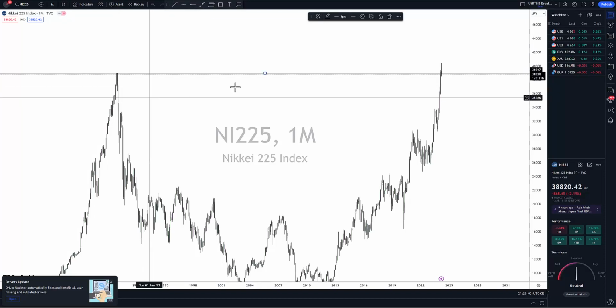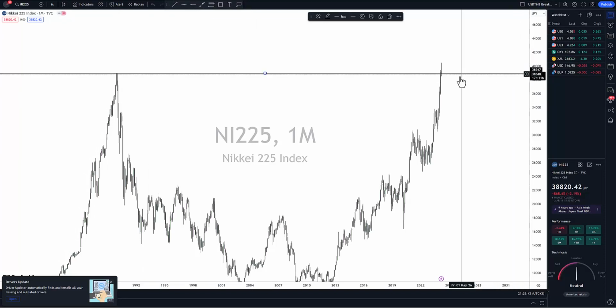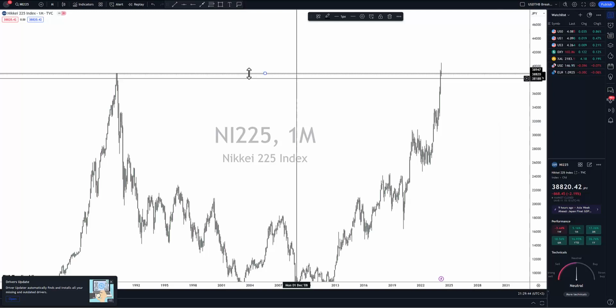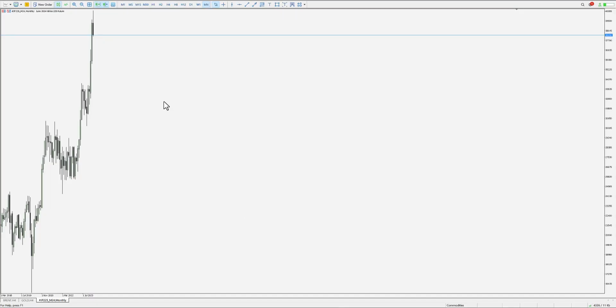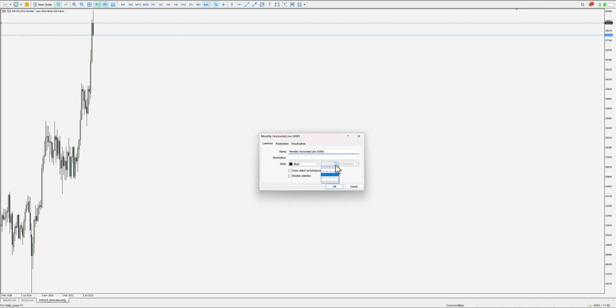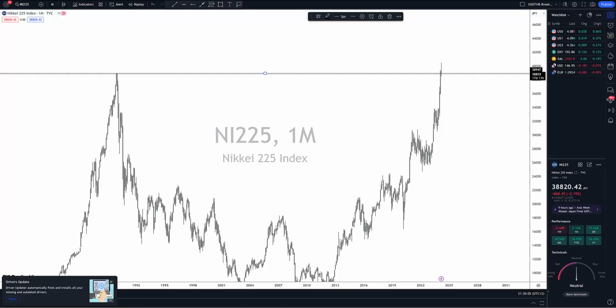So for instance, you can see here we're talking of 38,820, right? You see that price point, 38,820. That's on the monthly chart, right? So I'm gonna come to my MT5 here, 38,820. Let me just get that correct.